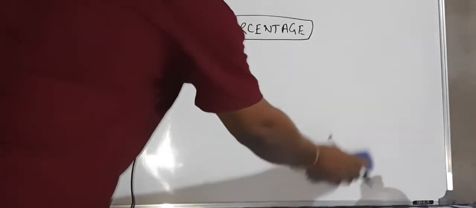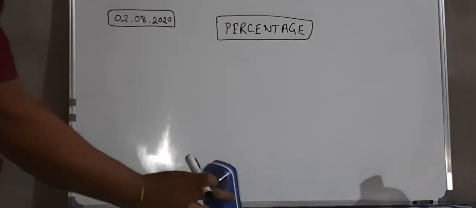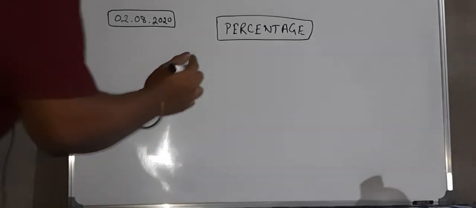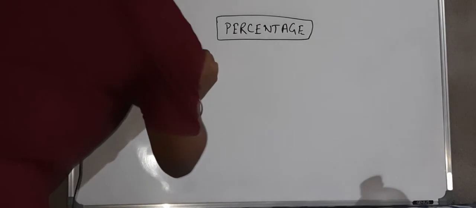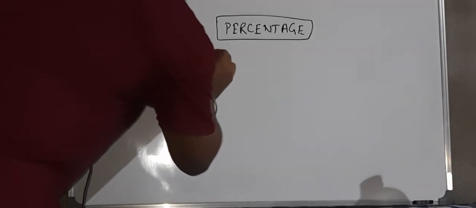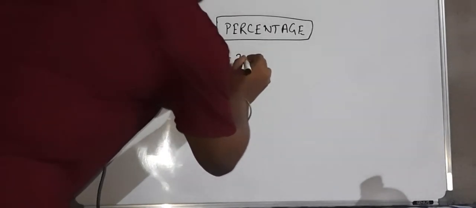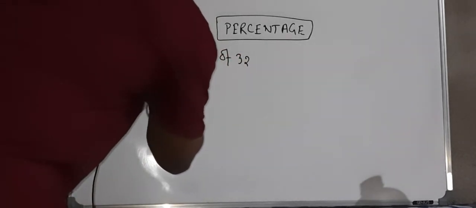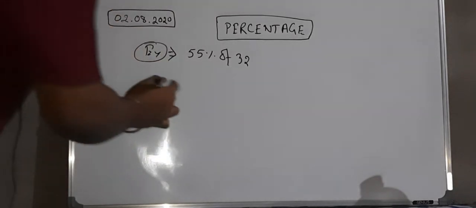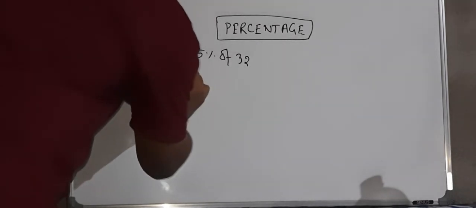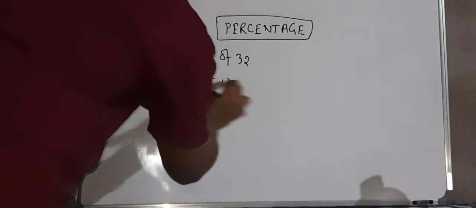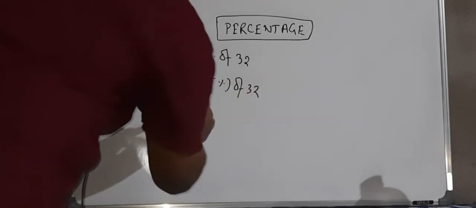Now let's see how we can use the basic concept of percentage while solving simplification. Let's take an example. Say you have to find 55% of 32. Just break 55% into two parts, 50% and 5%, of 32.